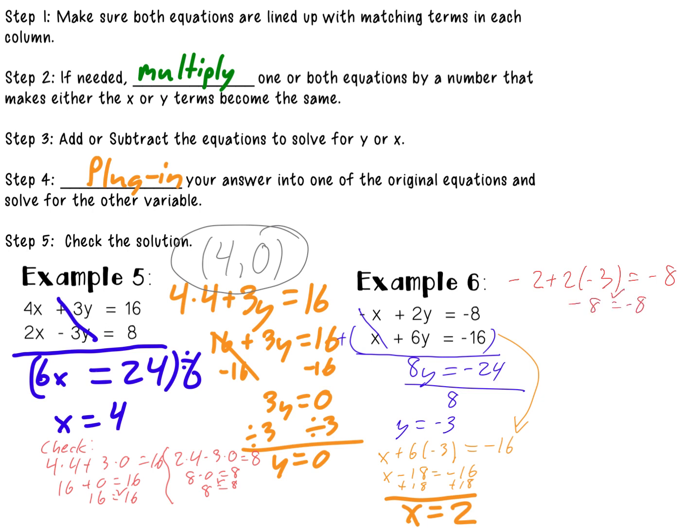So the first equation does have that as a solution, and the second equation, 2 plus 6 times negative 3 is equal to negative 16. 6 times negative 3 is negative 18, plus 2 is negative 16. That means the second equation does have the same point as a solution, and 2, negative 3 is now confirmed to be the solution to our system.